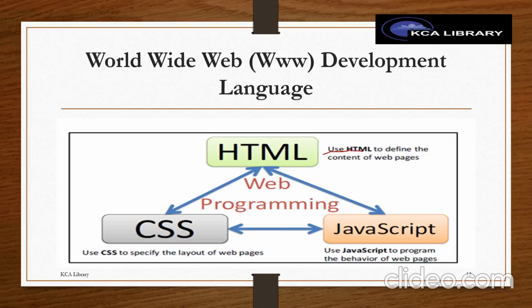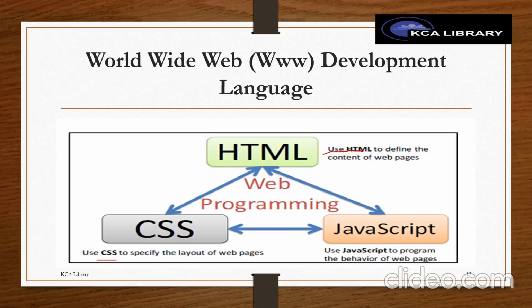The primary use of HTML is to define the content of a web page. Then we have CSS. CSS is used to specify the layout of a web page. So how will the web page look? How will the content be aligned on the web page?